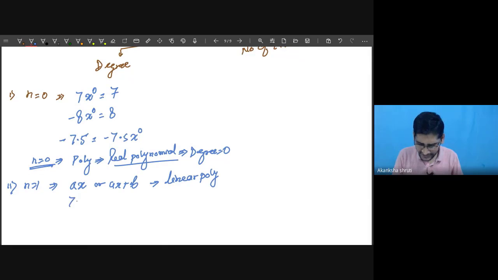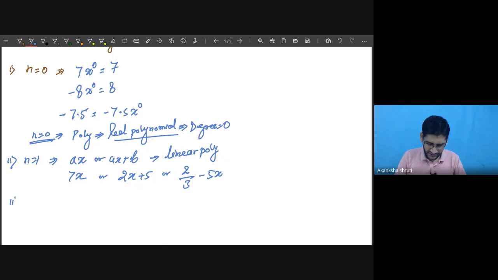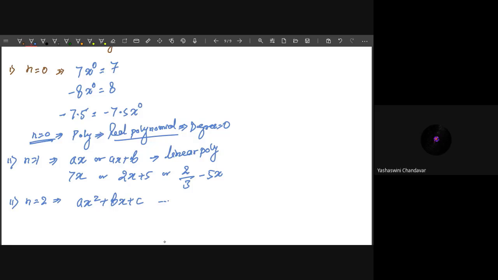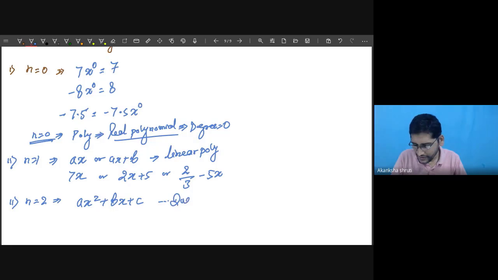Example, if you are just writing 7x or 2x plus 5 or anything, or 2 by 3 minus 5x, all of these are linear polynomials. The third one, if n is equal to 2, then the form is ax square plus bx plus c. It is your quadratic polynomial.